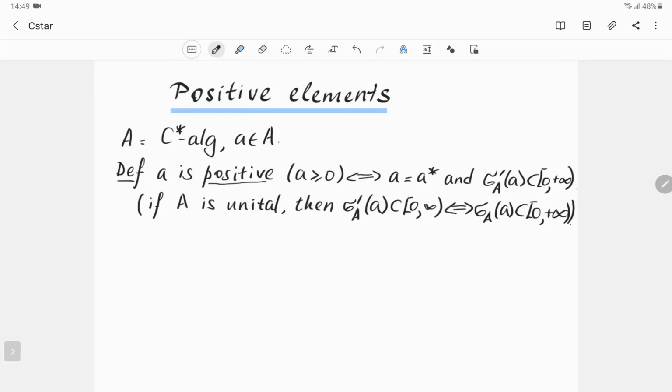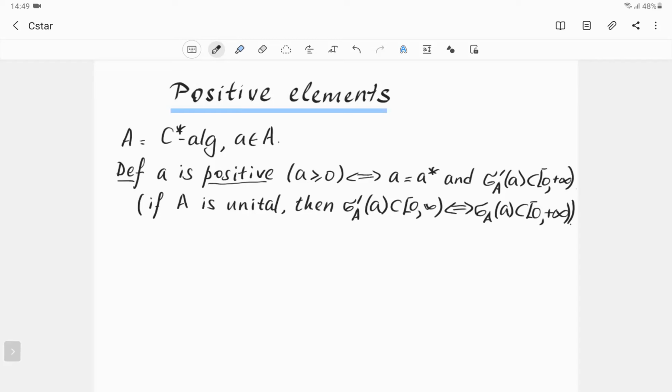And the reason is that we remember that if A is a unital algebra, then the only difference between the spectrum and the non-unital spectrum is 0. Okay, so this is our definition. Probably it would be more correct to call such elements non-negative elements, but nevertheless, this is the standard terminology.